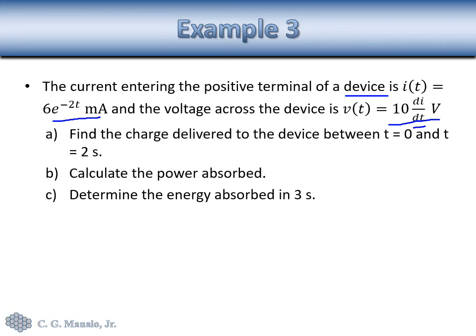So the question is how much charge is delivered to the device from t equals 0 to t equals 2 seconds. So how much charge delivered in 2 seconds? The second question, how much power is being absorbed by the device? And the total energy absorbed in 3 seconds.